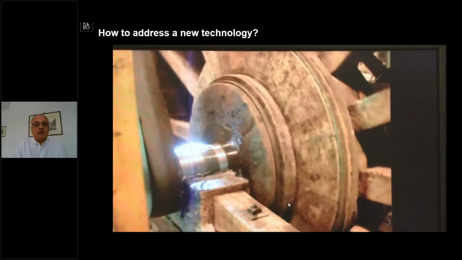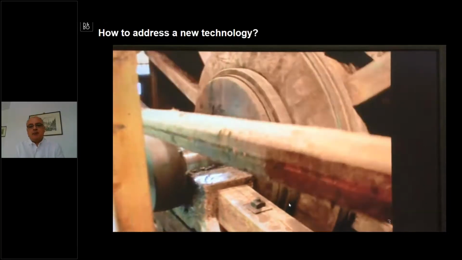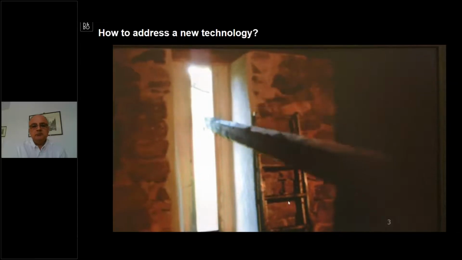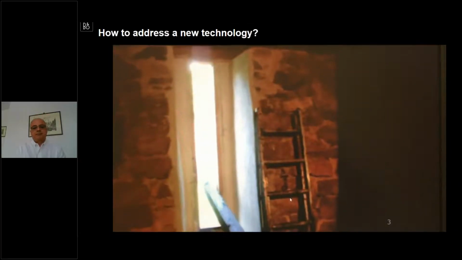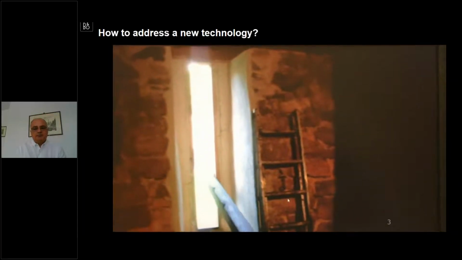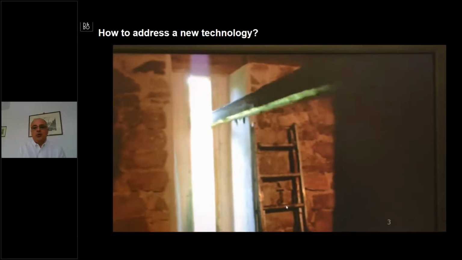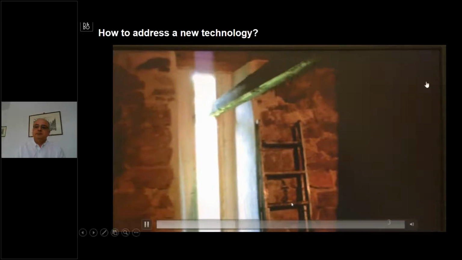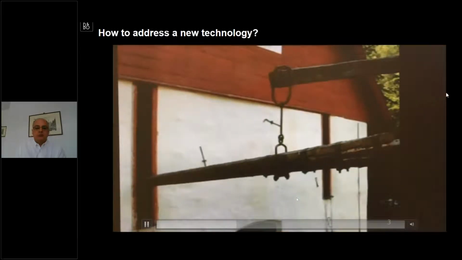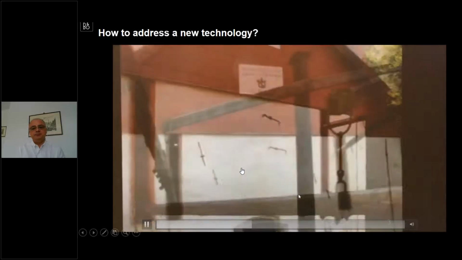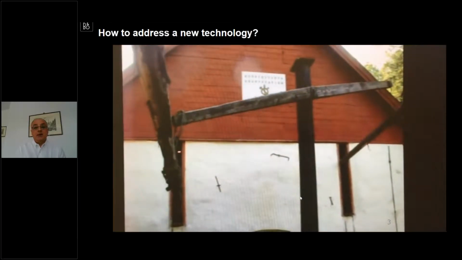Now, please have a look at this. I hope you can see, maybe Silvia can confirm that the movie is visible. Yes, the movie is running perfectly. And I challenge you to guess what this could be.